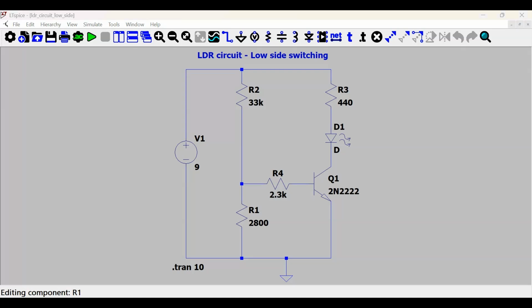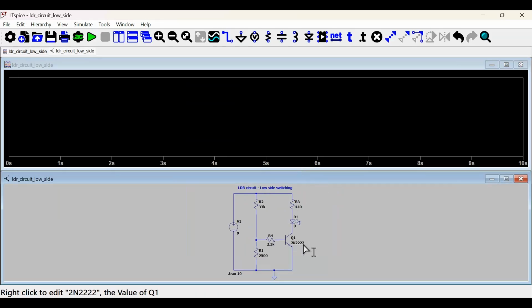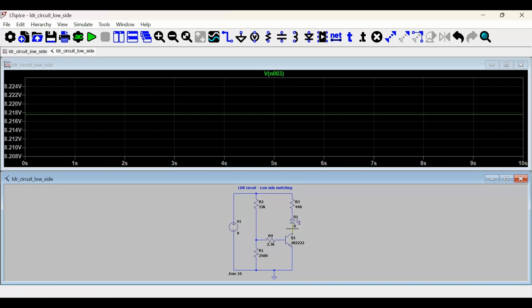So let us simulate the circuit for an LDR resistance value of 2500 ohms. I'm running a transient analysis for 10 seconds. So let's measure the voltage at the collector terminal of the transistor.